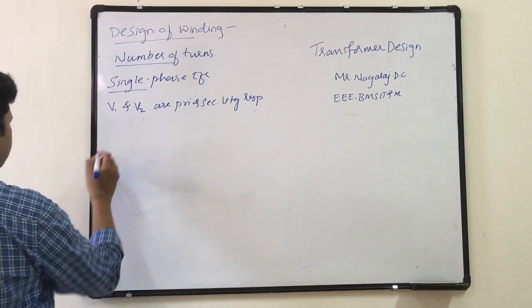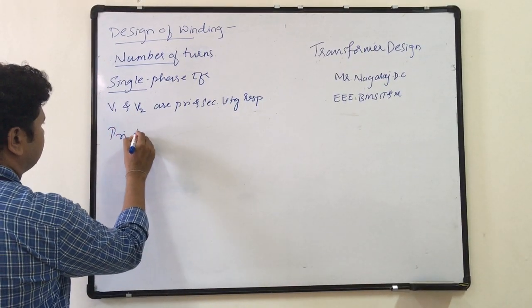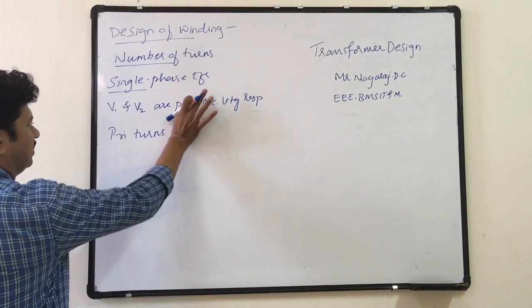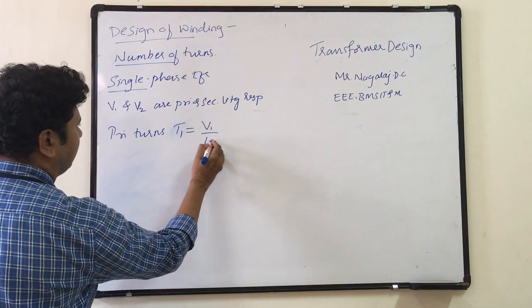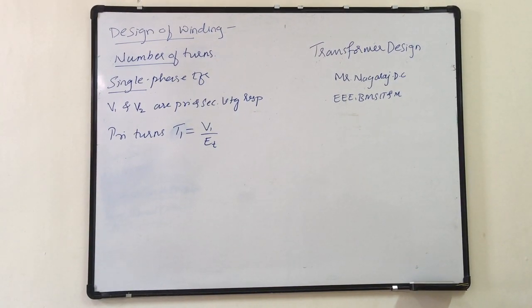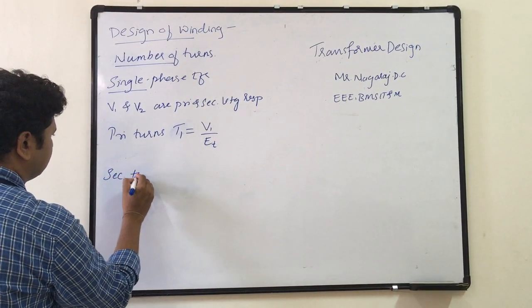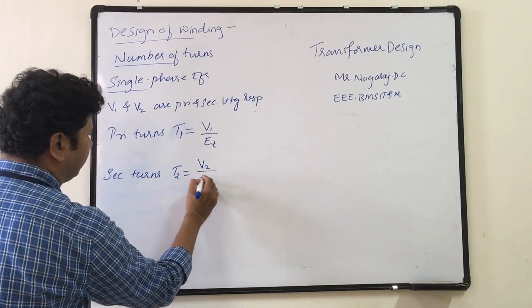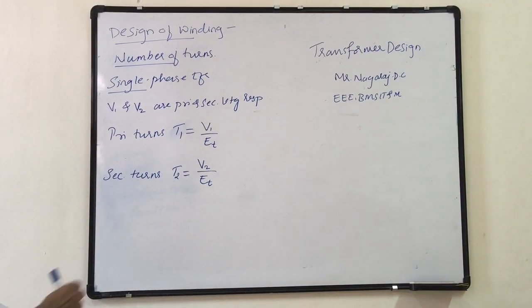Therefore, the primary and secondary numbers of turns we have taken as T1 and T2. T1 is equal to V1 divided by Et. Voltage divided by voltage per turn will give us the number of turns. And secondary turns, T2 is equal to V2 divided by Et. So this is for single phase.